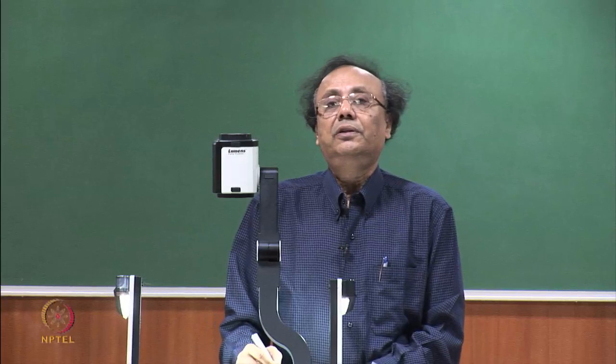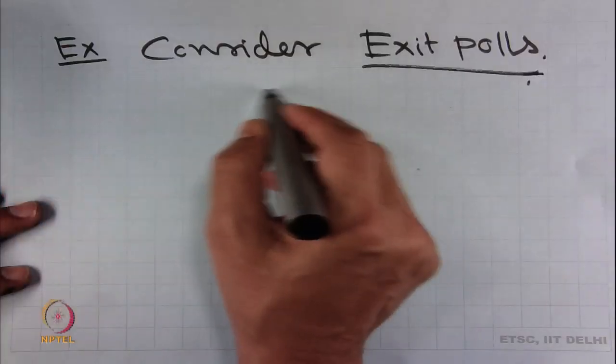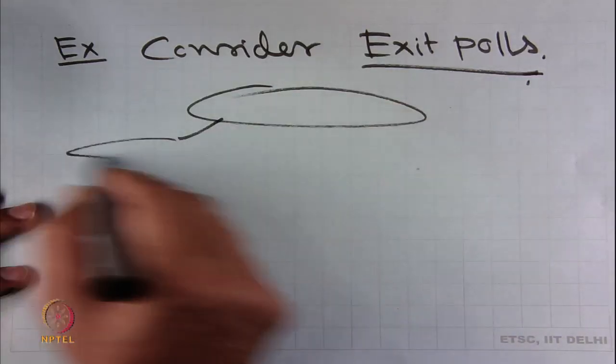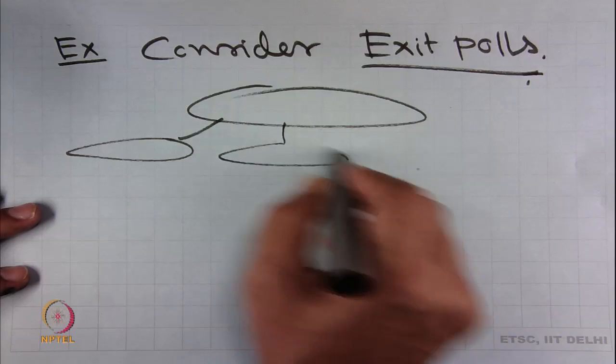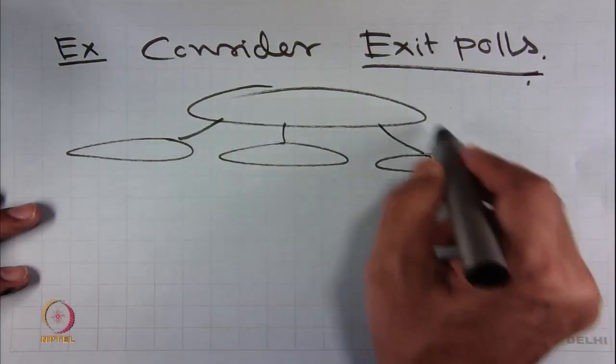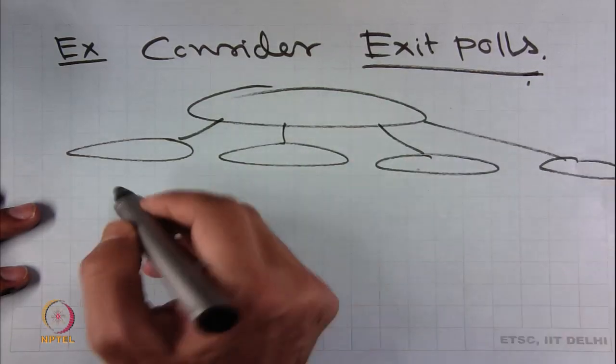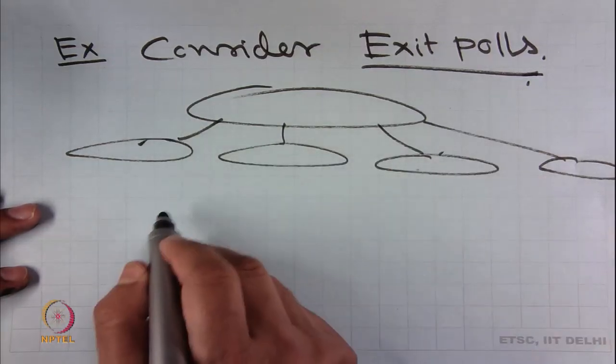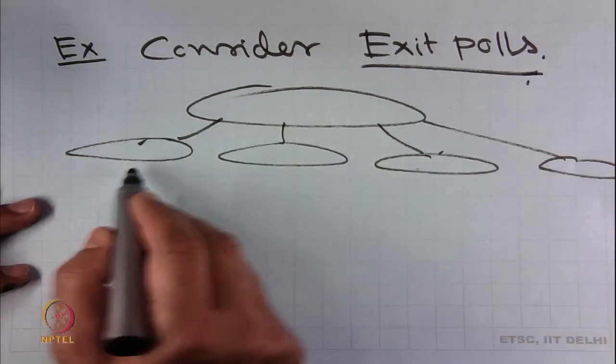It is impossible to consider all of them with equal probability. So, what can be done? If this is the country, we can break it into different states. We may choose some of the states randomly.